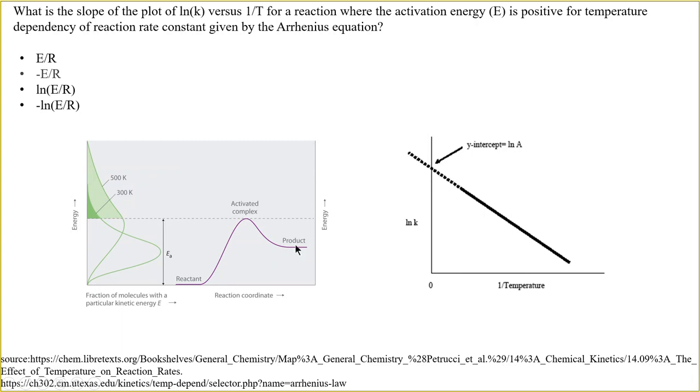So you can see right here that the activation energy required for the 500 Kelvin is much lesser than the 300 Kelvin. And that's the reason why the reactant, as the reaction coordinate moves, forms the activated complex, and then it gives the product.